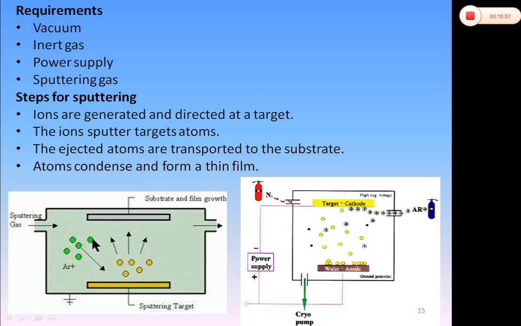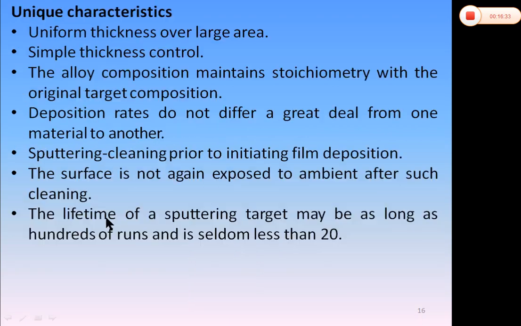Argon will become ionic, and it will further move towards and strike the sputtering target, and material will get ejected towards the substrate, and then it will deposit on this substrate. Right here you can also see this: the cryo pump, power supply, target cathode, wafer anode. Same procedure as I have explained here.